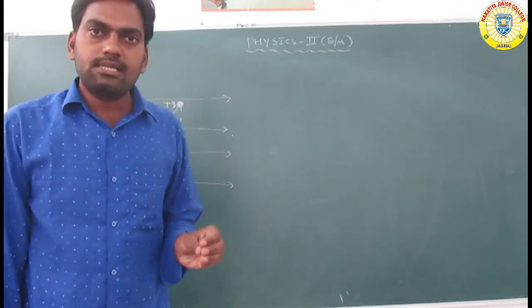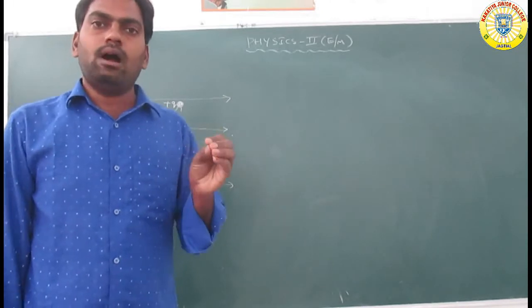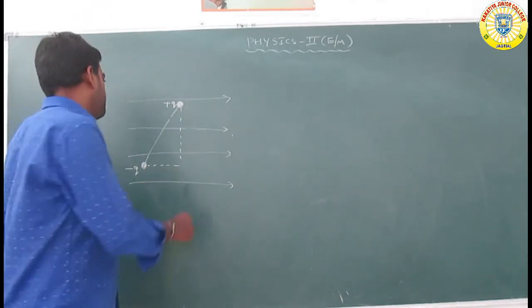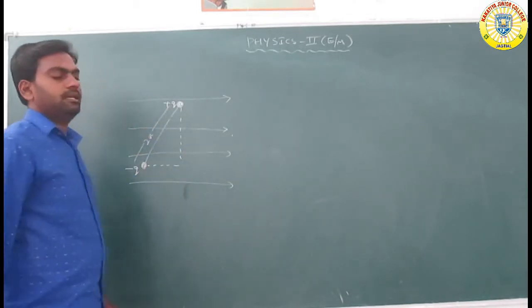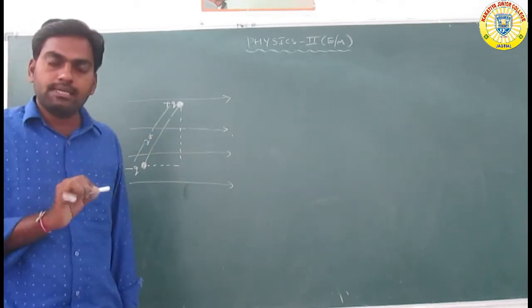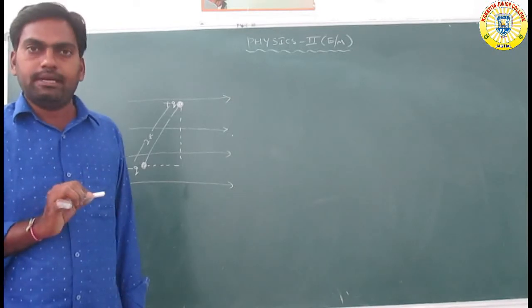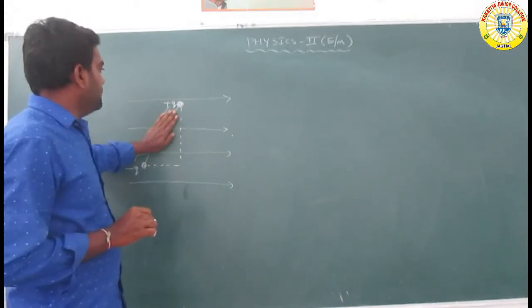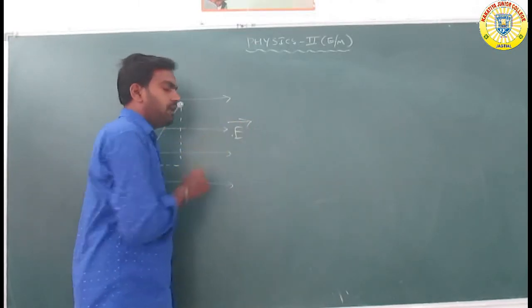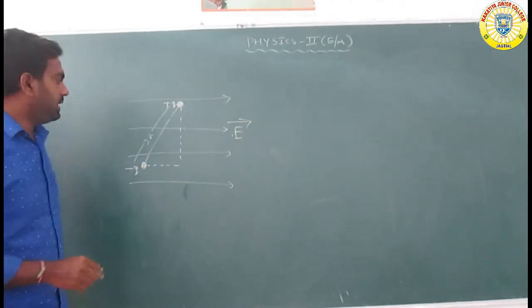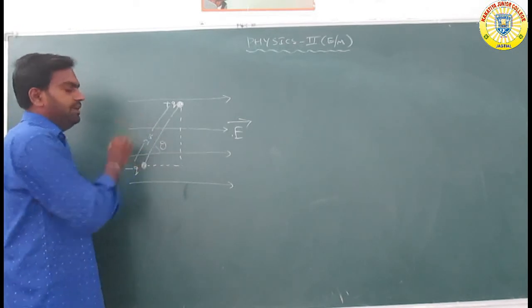These two charges are equal and opposite and separated by a small distance 2a. The dipole is placed in the uniform electric field, making an angle theta with the field direction.